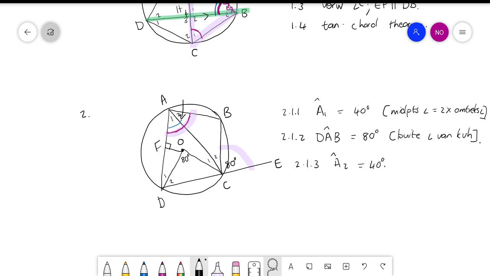Now they say, hence prove that this line is the same length as this line. Okay, so that one was, let's say, level 3, because you had to see that you've proven that this one is 40 degrees, and you've proven that this one is 40 degrees. Do you see that these two that I highlighted yellow subtend those two?